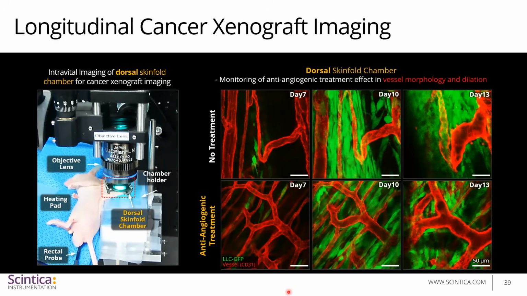So after applying this anti-angiogenic treatment and identifying your field of view that you want to track over time based on a vessel structure that is easily recognizable at each imaging time point, you can basically go ahead and track changes in green and red, being changes in the number of cancer cells or area or volume of cancer cells, and also changes in vessel morphology and dilation.